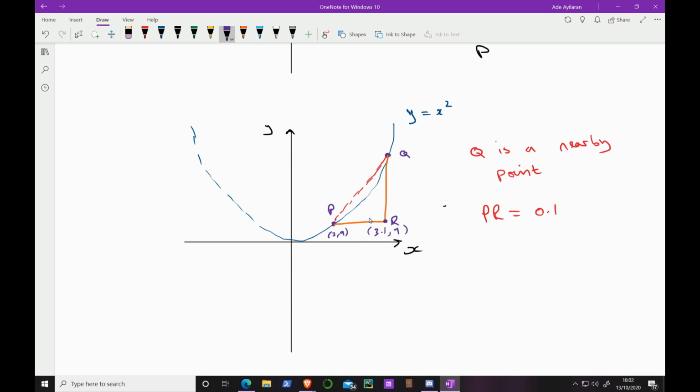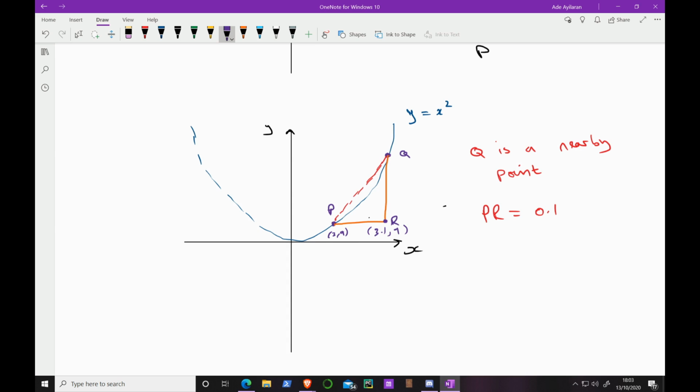And likewise, what do you think... actually, we don't know that yet. Do we know that? No, we don't know that yet. Or do we? So we're trying to find the gradient of PQ. So what equation would we use to find the gradient of PQ? Changing y over changing x.